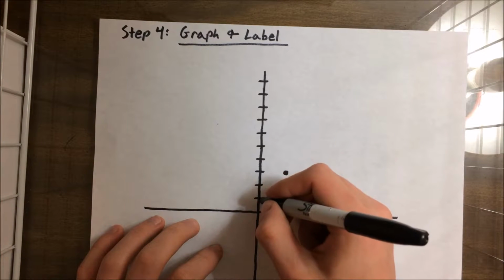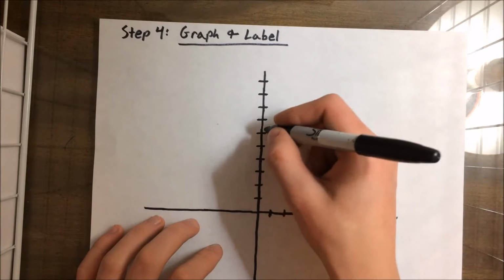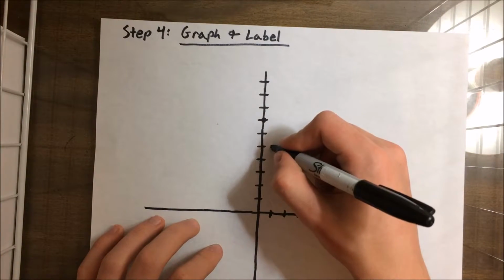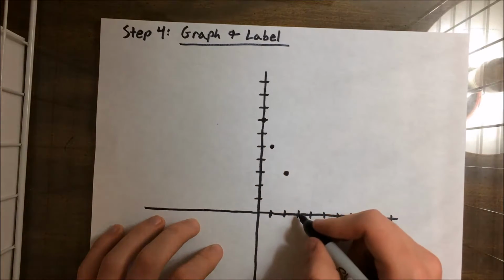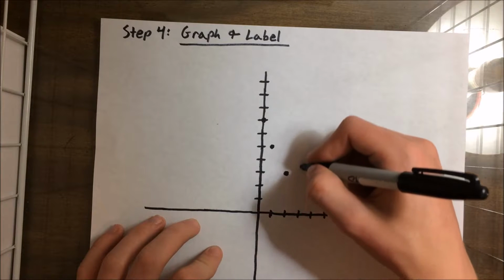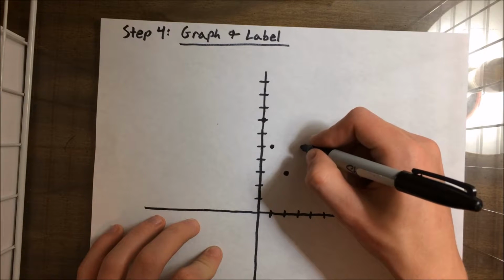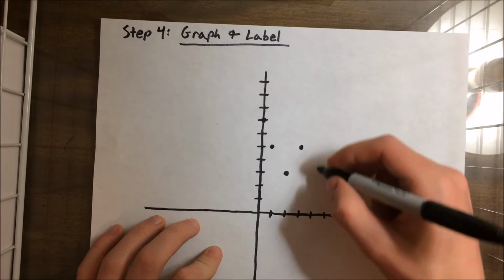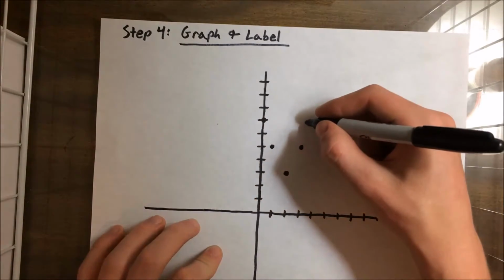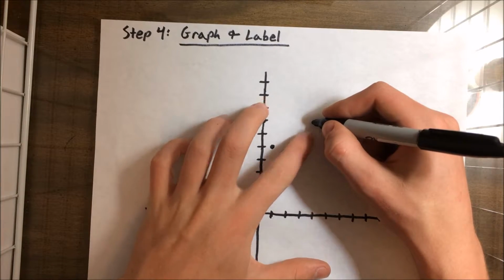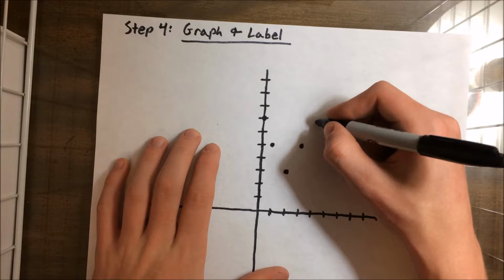So (0, 7), (1, 5), (3, 5) should be right about there, and then (4, 7) should be right about there.